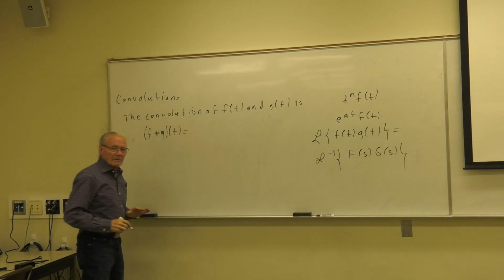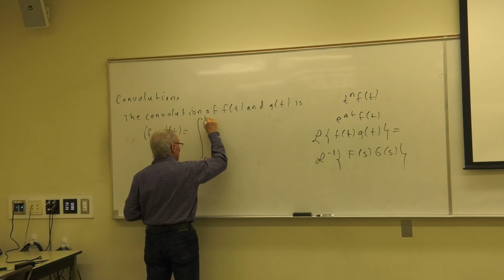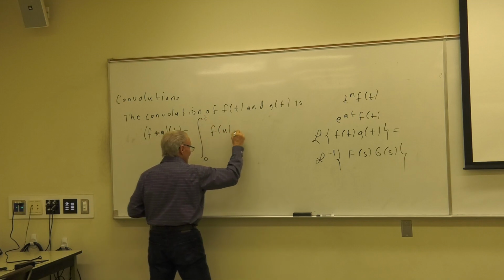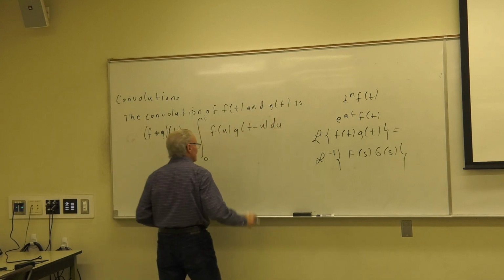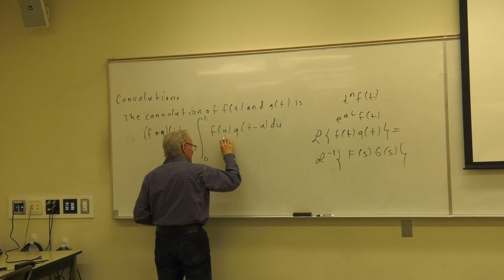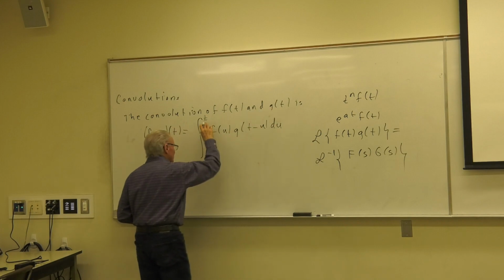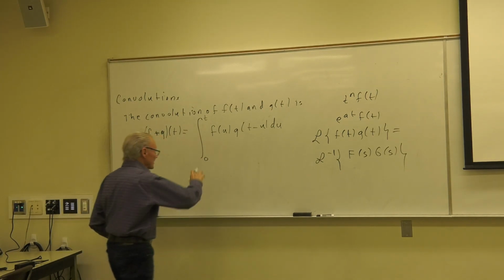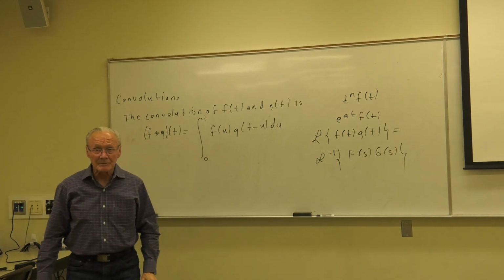Now, it's defined to be the following, integral from 0 to t, f of u, g of t minus u, du. You take that function and you put in u's. You take that function, you put t minus u's, and then you integrate with respect to u from 0 to t, and when you're done, clearly, you will have t's, and hence this is a function of t.